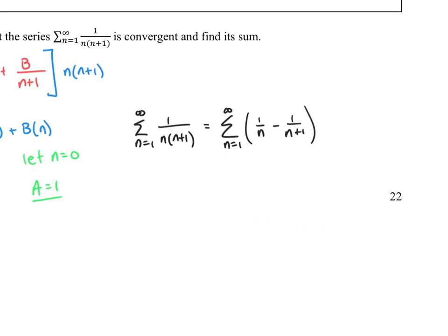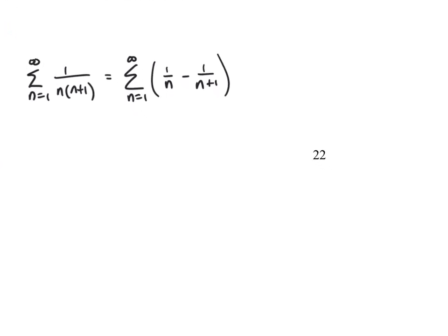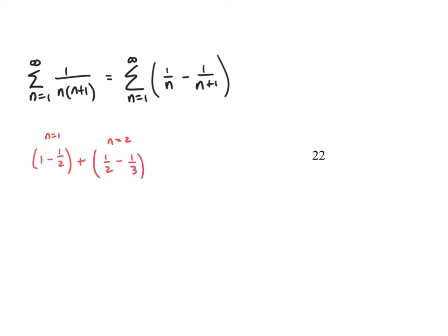And when I list terms, I think you're going to see a pattern that's going to start to form, and I think it's going to be helpful to see the collapsing style of this particular series. So first I'm going to use n is equal to 1, the very first term, and I'm not going to combine these. I'm just going to write them as a set. So if I plug in n is 1, I get 1 over 1, so I get 1 minus 1 over 2. If n is 2, I get 1 over 2 minus 1 over 3.